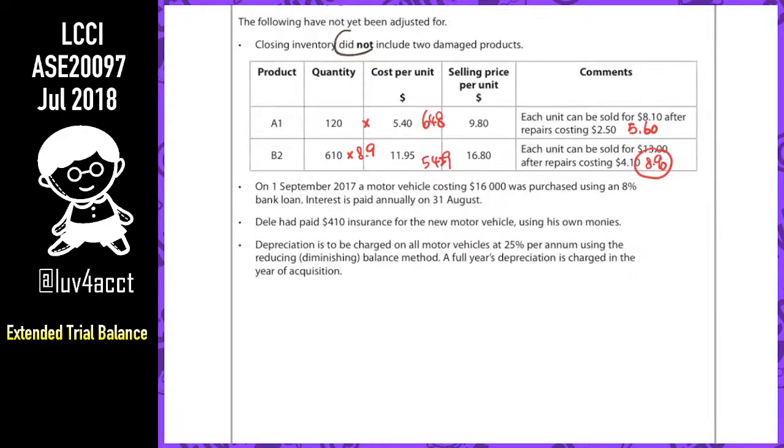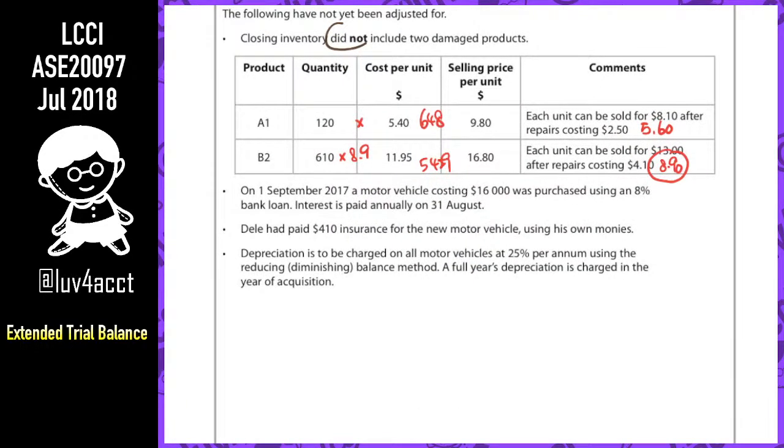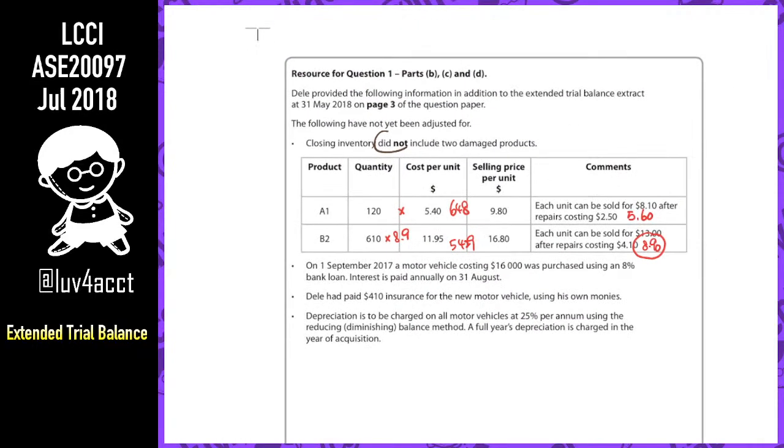Next one. On the 1st of September, a motor vehicle costing 16,000 was purchased using an 8% bank loan. Interest is paid annually on the 31st of August. Our year end is on the 31st of May.